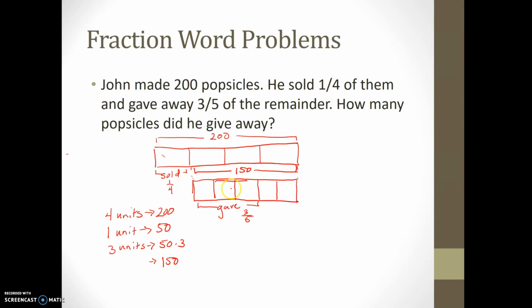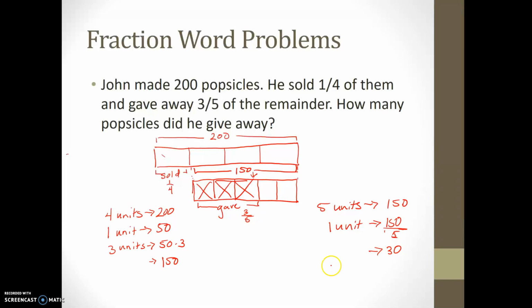Well, that 150 equals this amount down here. So now I know that. Now I can solve for 5 units because on my drop down I've got 5 units there, right? Because we want to figure out how many he gave away. So 5 units equals 150. 1 unit equals 150 divided by 5, which is going to equal 30.